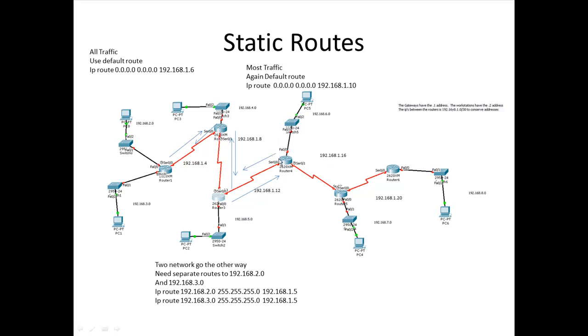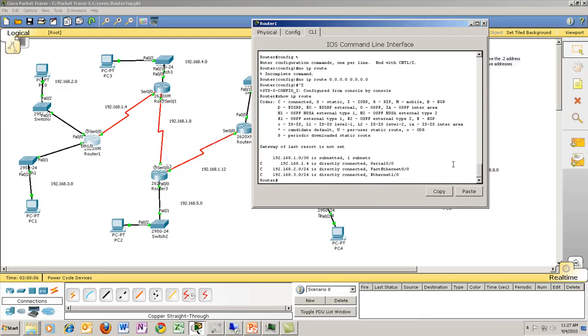So we could use a default route going in this direction, and then the exception routes going to router 5. Out of router 5, most of the traffic's going to router 4. We can use a default route. We have the exception going to network 192.168.8.0. And then when we get to router 6, again, all the traffic out of it goes in a single direction, and we can use our default route again.